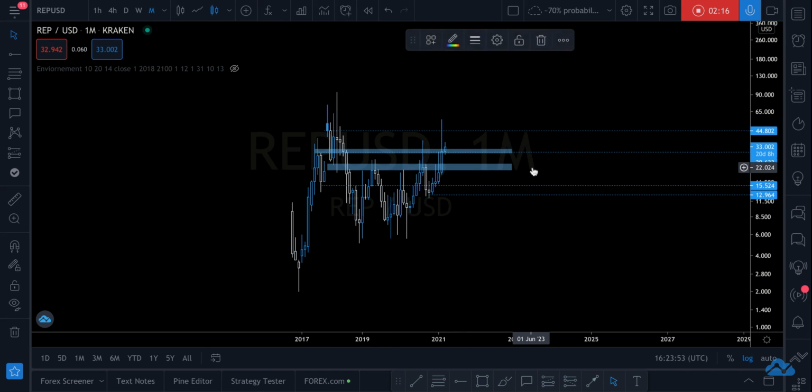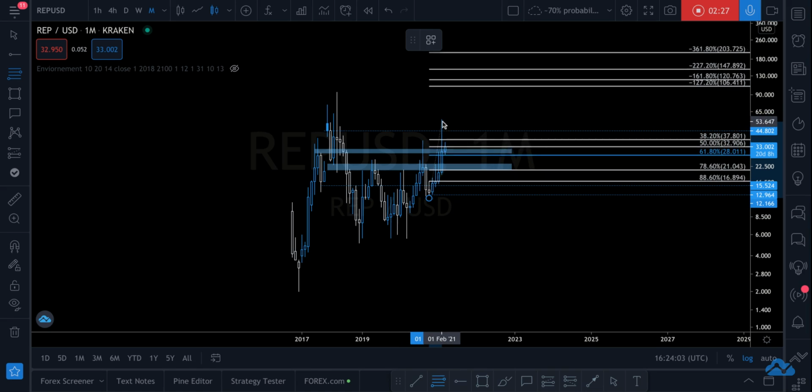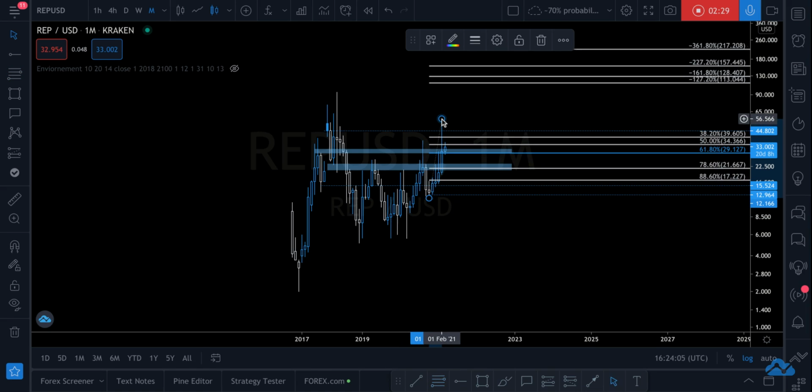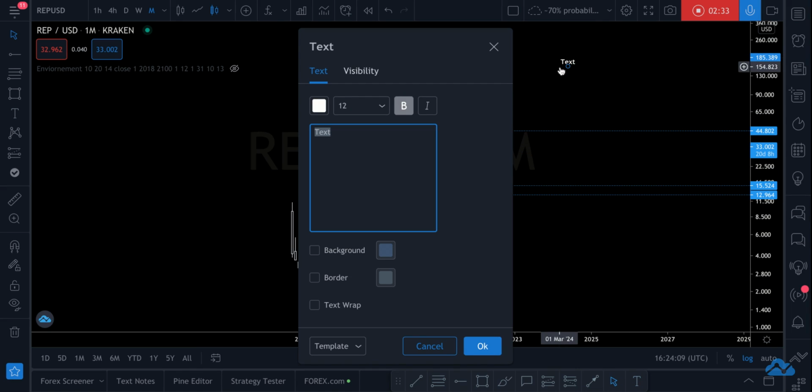We'll delete these. One more Fibonacci, sorry. So basically what we have here is a 61% fib structure.